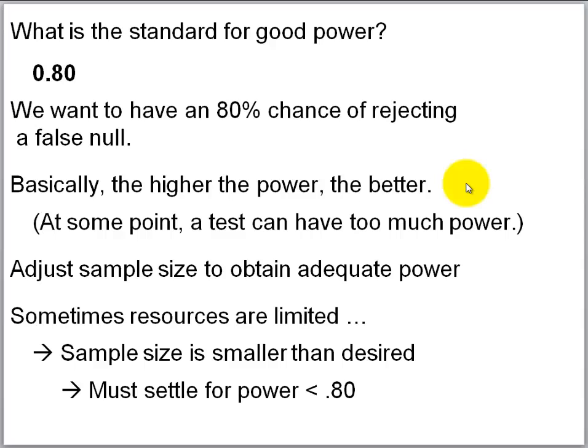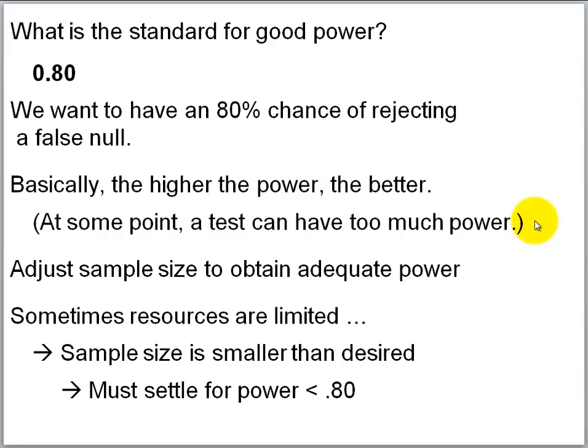Basically, the higher the power, the better. But in a pragmatic sense, power can reach a point of diminishing returns. When power goes to a level that's really, really high, say above 99%, you're starting to get more power than you need in order to make an informed decision.